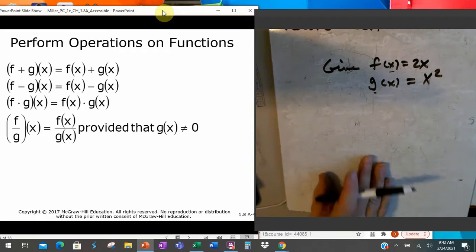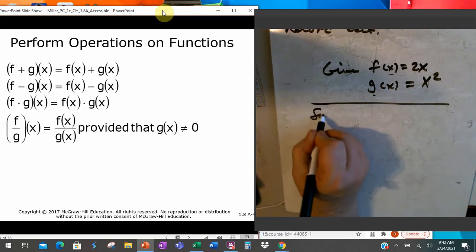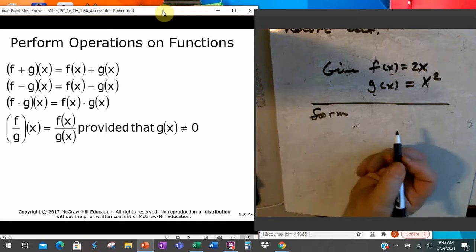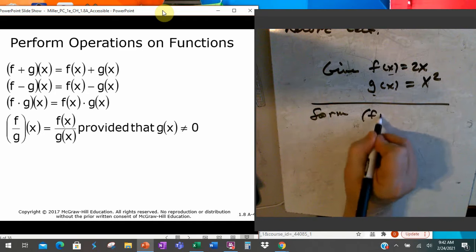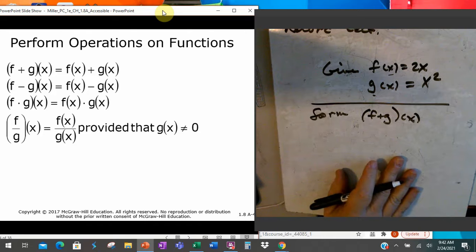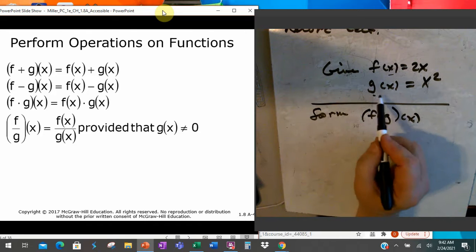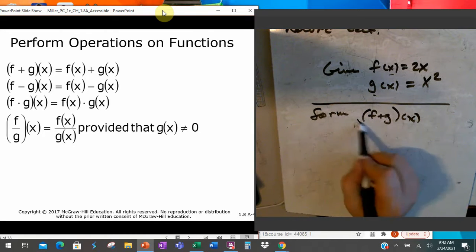Okay? And so here are the directions, and it will say something like form the new function f plus g of x, which looks kind of strange. Because I've said never split these things up, you can't divide, but this is again a new name.